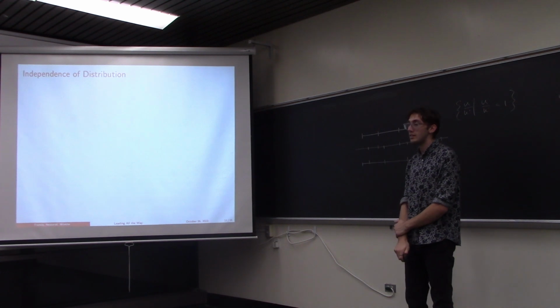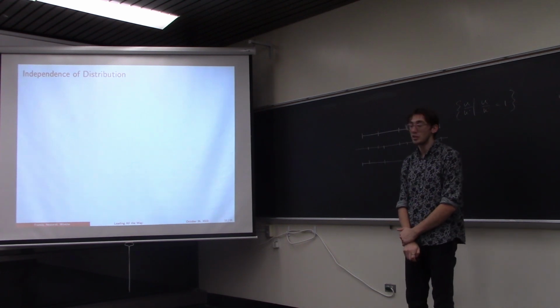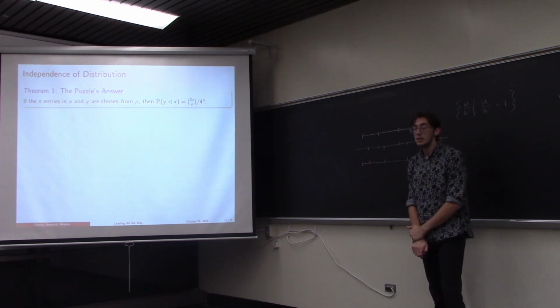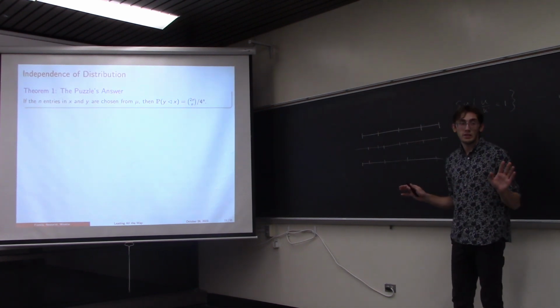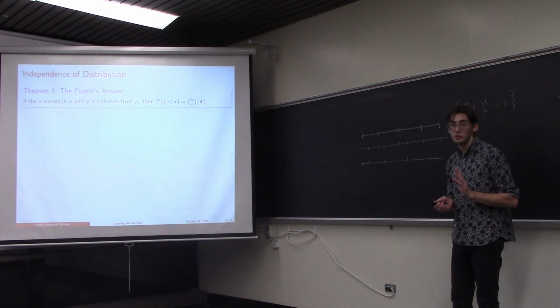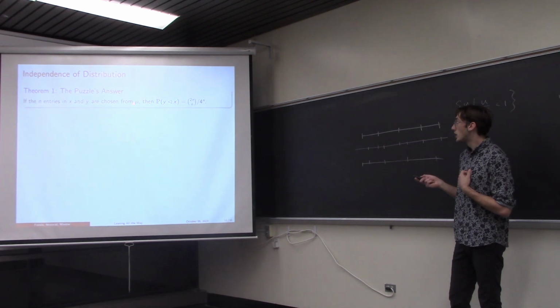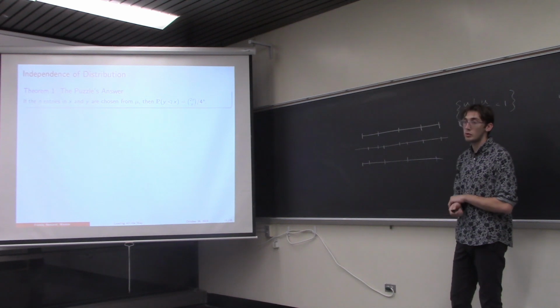So here's the independence of distribution argument, and the puzzle's answer. Regardless of mu, as long as it's a continuous probability distribution on R, if the n entries are chosen from mu, then the probability that x majorizes y is 2n choose n over 4 to the n.